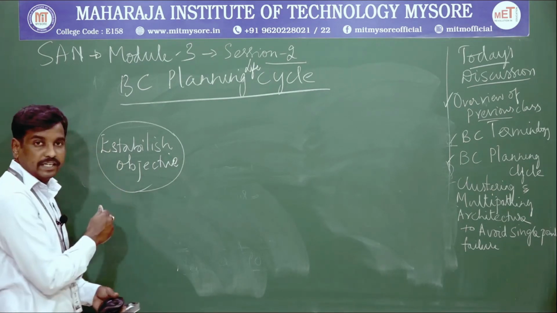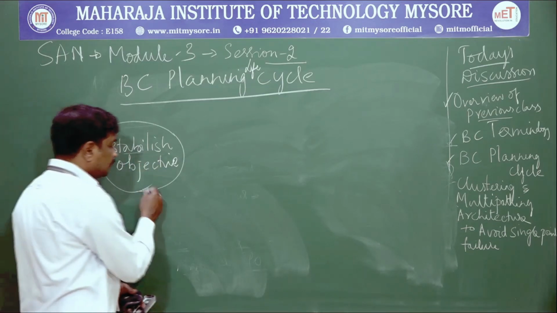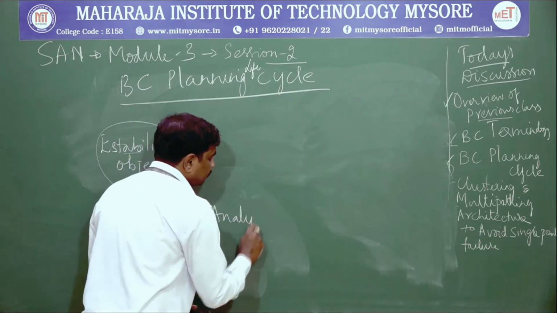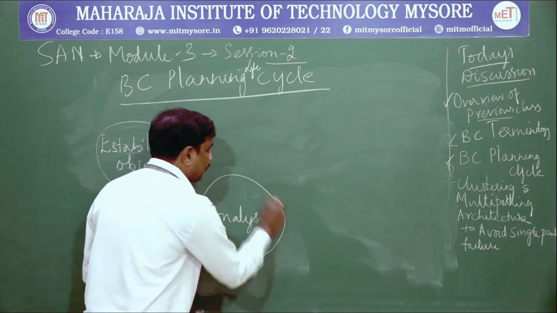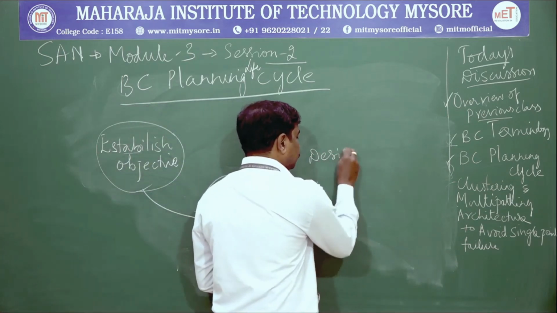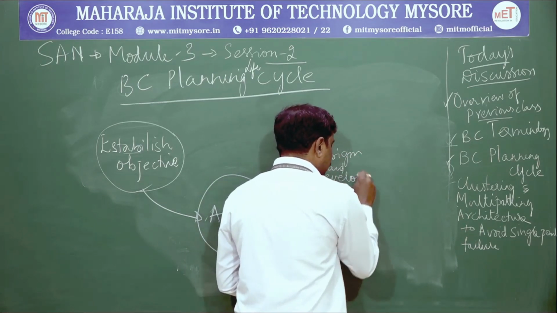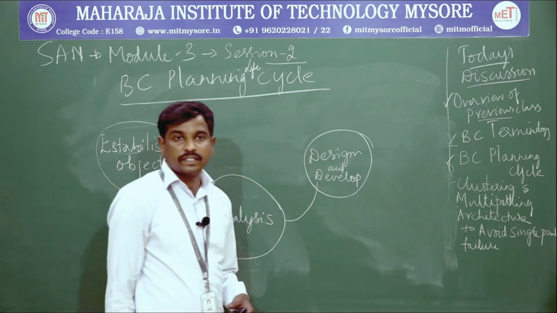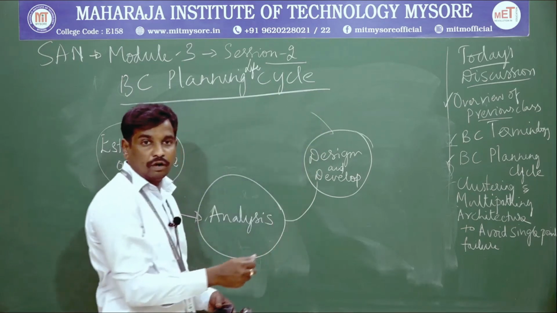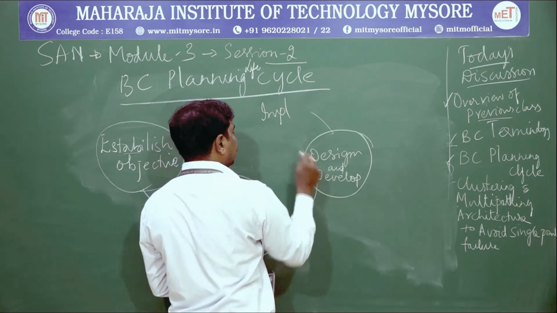First, we need to establish an objective. These established objectives need an operation called analysis. Whatever objective we have fixed needs to have an analysis. The analysis leads to design operations, and then we develop the design along with the objectives and the analysis. Then it has to do the operation of implementation, after designing and analysis.